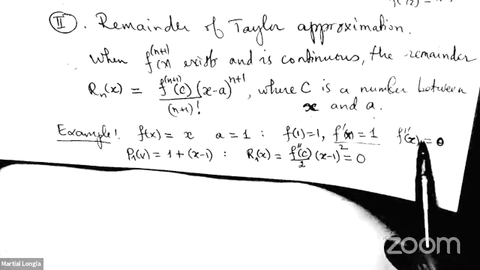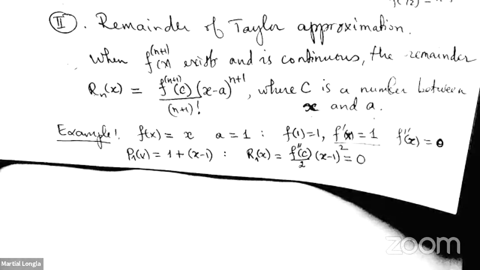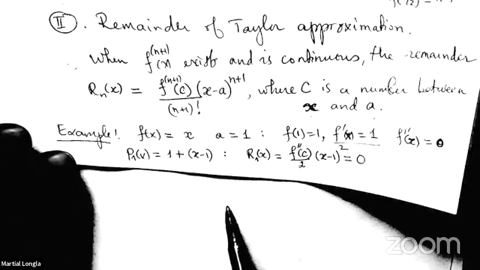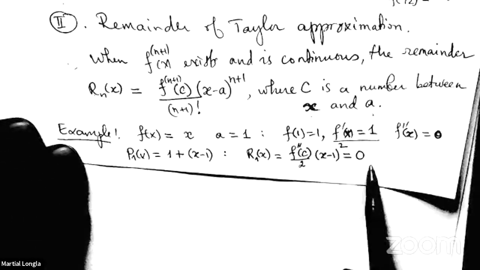The second derivative is equal to 0 at any point between 1 and x. Does this example make sense?